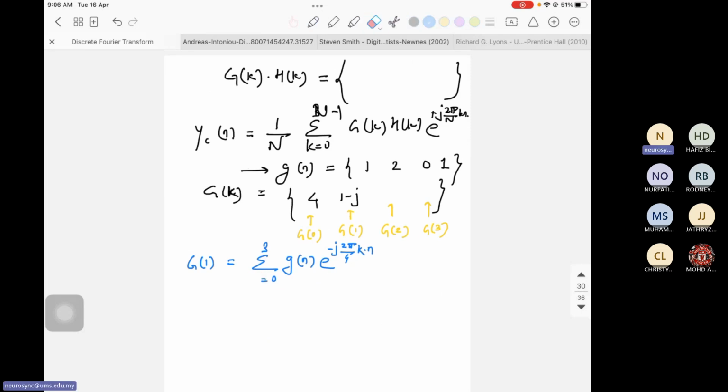Are you getting 1 minus j there? Okay. What is the third value?